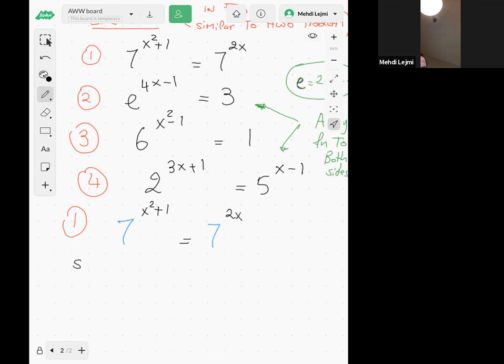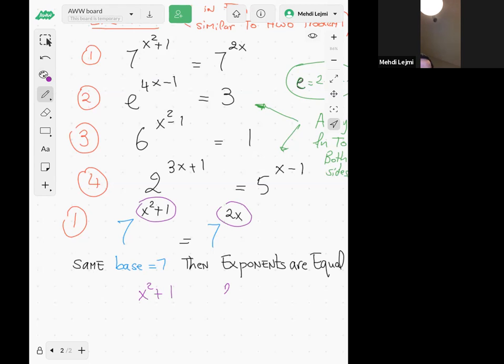Same base, which is 7, so then the exponents are equal. The first exponent is x squared plus 1, the second exponent is 2x. So that's x squared plus 1 equal to 2x.